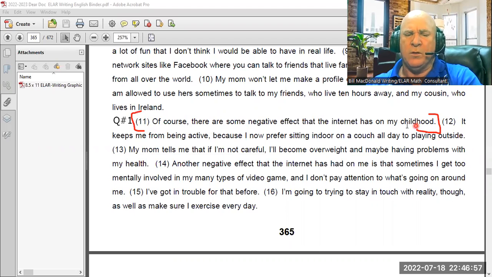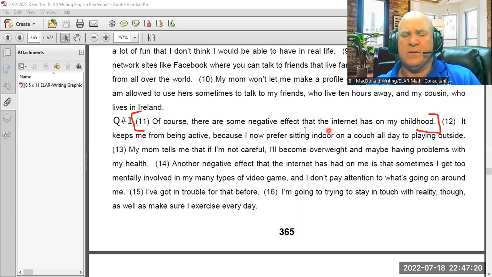So it says that there's a mistake because I remember that there was not a make no change or sentence 11 is correct. Capital, of course, comma, there are some negative effect that the internet has on my childhood.